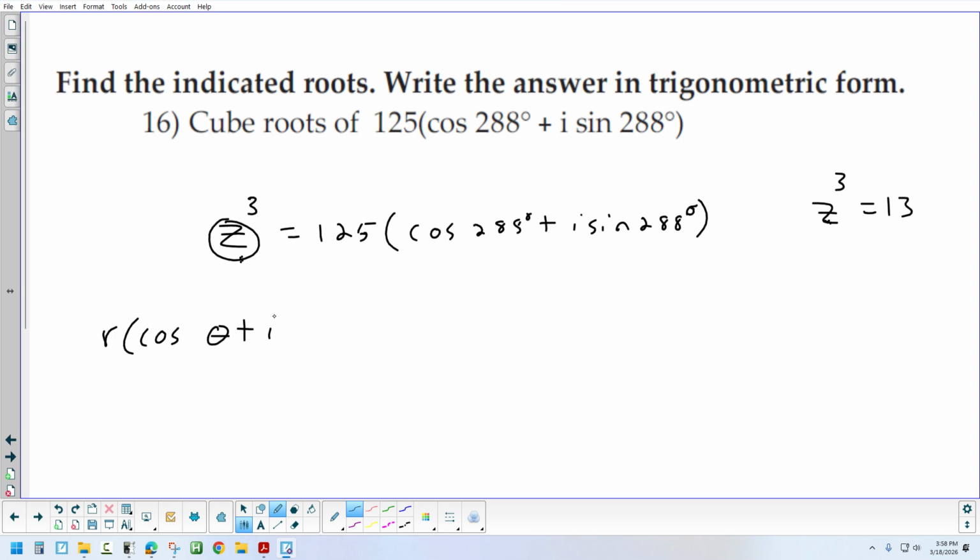So that is z written in trig form. It's going to have a radius and an angle, and we need to raise that to the third power. I'm not going to rewrite the whole right-hand side right now, I'm just going to simplify the left. What does the left side turn into with DeMoivre's theorem?